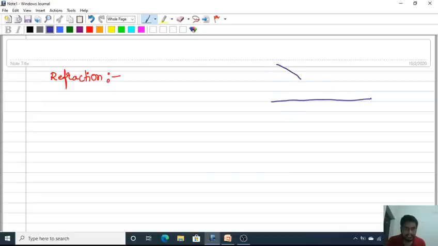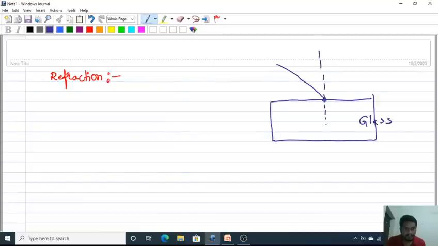When a beam of light or ray of light is incident on a transparent medium, like glass or water, like this. This is the normal drawn to the surface at the point of incidence. This is the incident ray.